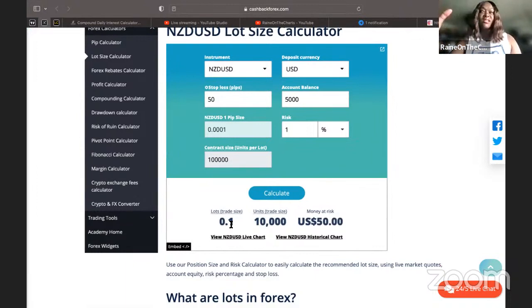So $100, your lot size is 0.01 for each trade. $200, 0.02, 300, 0.03, and so on and so on. By the time you get to $1,000, your lot size, they say 0.1. But by then you should be comfortable and use the lot size calculator. Use it, okay?